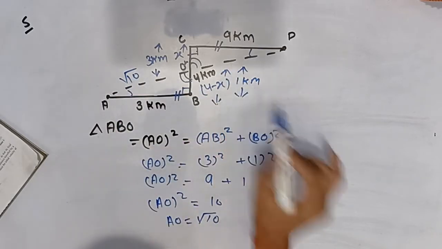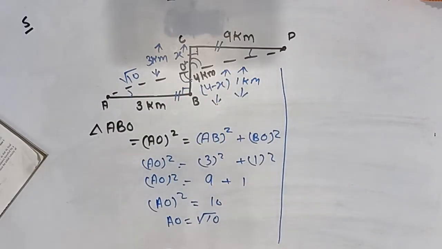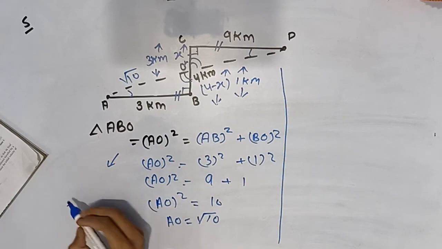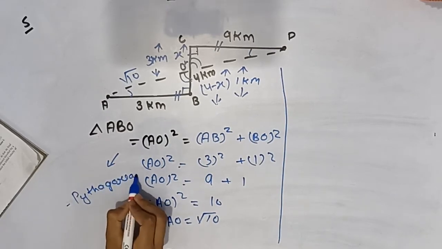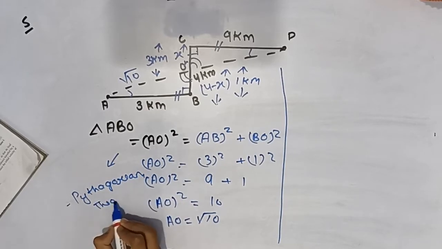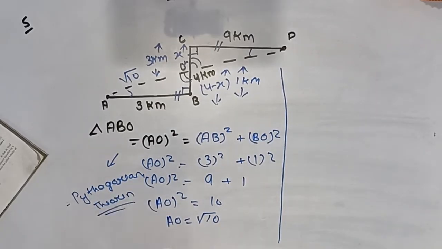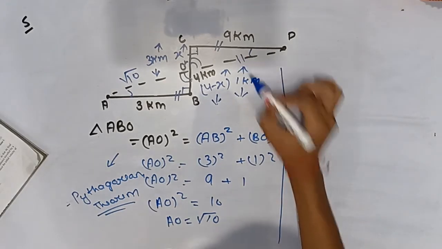Now we will solve this one value. See now how we solve. We have to find this with the Pythagorean theorem. I think you have studied this theorem in your mathematics. So we will solve this same by the Pythagorean theorem. Here DO is the hypotenuse.